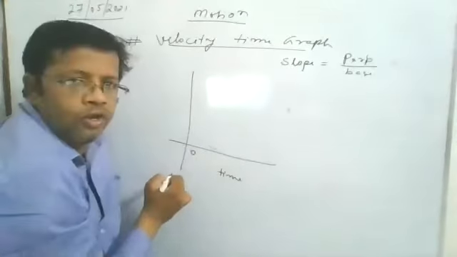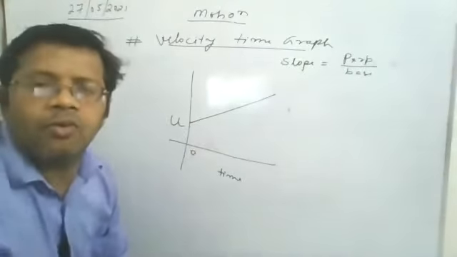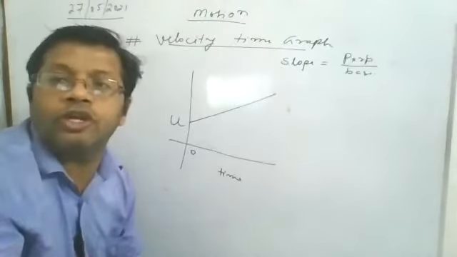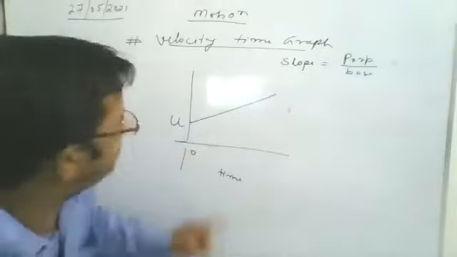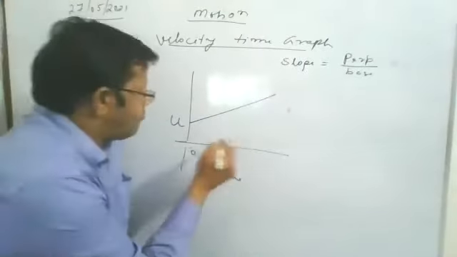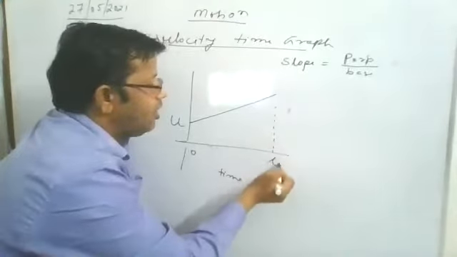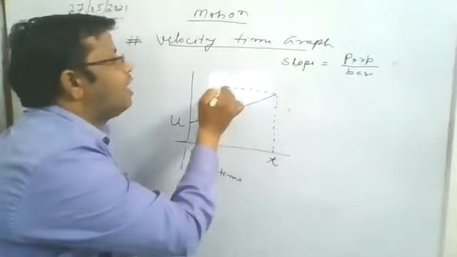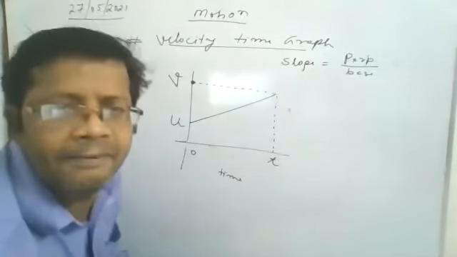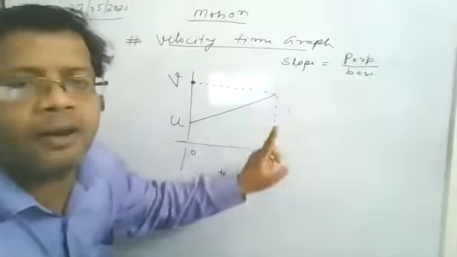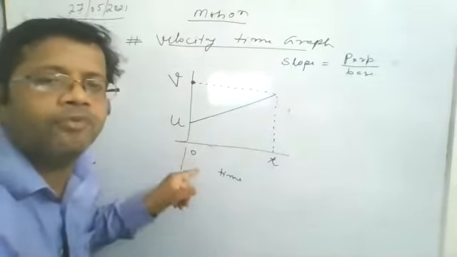At time 0 there is a certain initial velocity, that is U. Here we have not taken the initial velocity as V0, we have taken a certain velocity U. After a certain time interval T, the velocity of the body becomes the final velocity, that is the velocity at a particular instant of time T. What is initial velocity? The velocity of the body at 0 seconds.